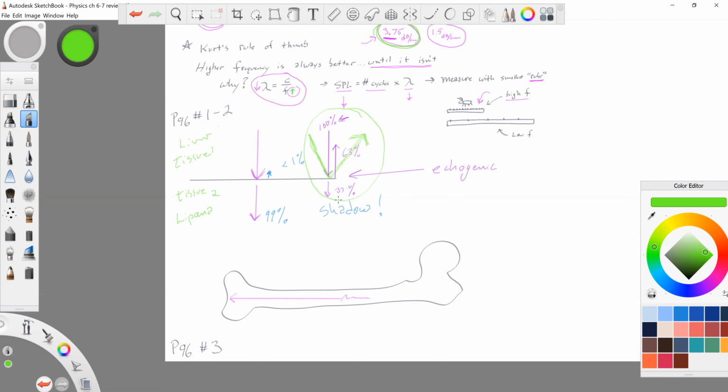So, okay, number 3. A pulse of ultrasound is propagating in bone, which is weird. I don't know how it got there in the first place, but we'll take it, and strikes an interface with soft tissue at 90 degrees. In other words, normal. A giant reflection is created. From these facts alone, what can be said about the impedance of bone? What can be said about the impedance of soft tissue?